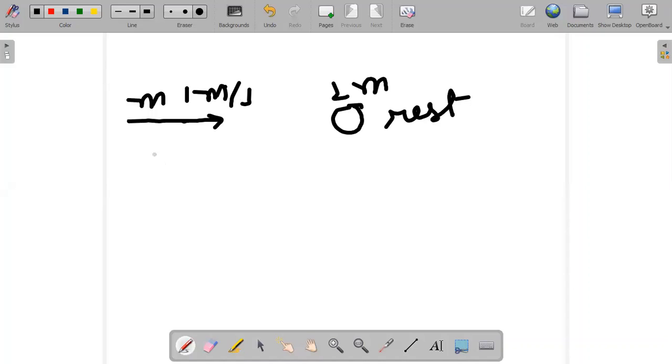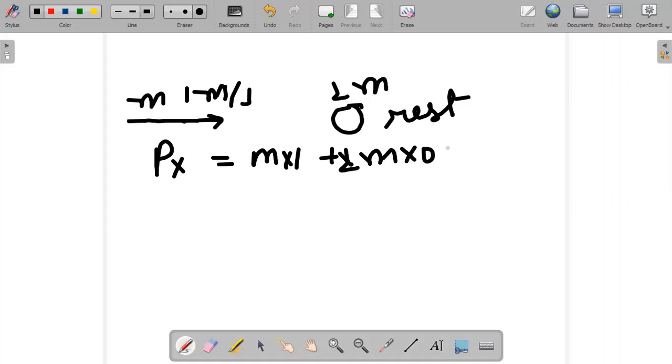So let's write the momentum in x direction. We'll have m into 1, and because we don't have any momentum for the 2m mass, it will be plus 2m into 0. So total momentum in x direction we have is m. Now after collision, what is happening?